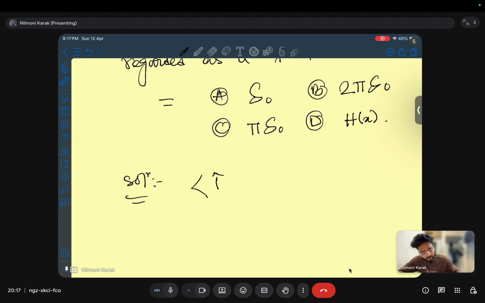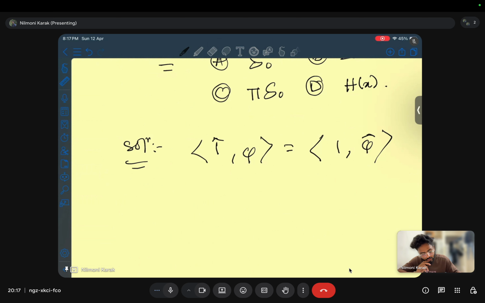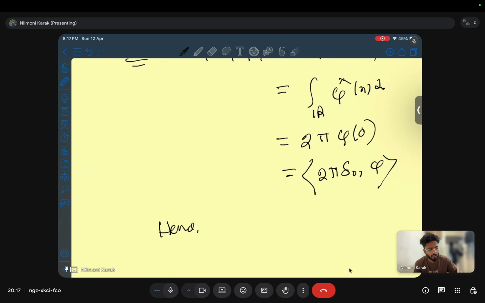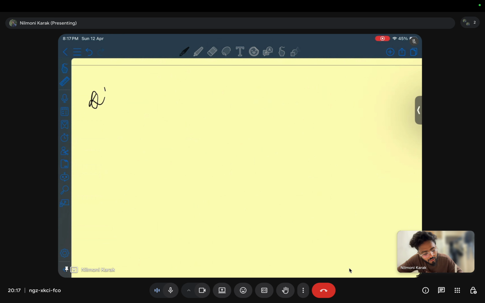Okay, so 1 hat, phi hat. This is actually by calculating the integral. Okay. Question 4.